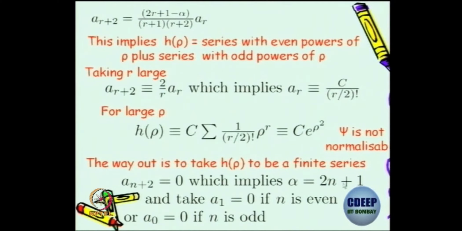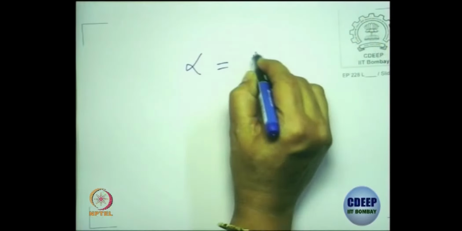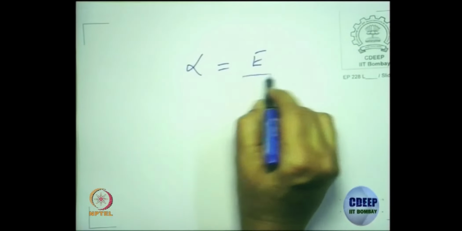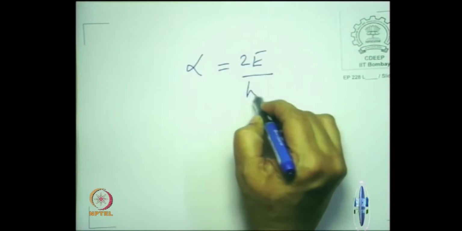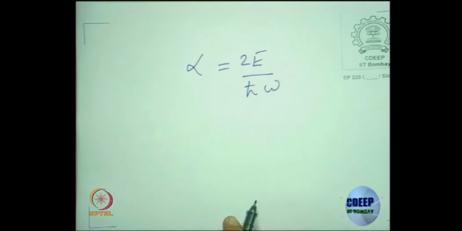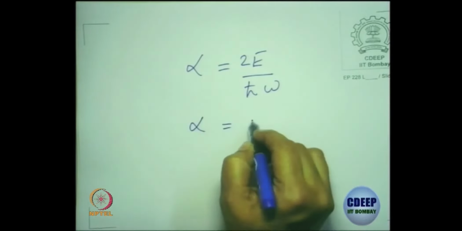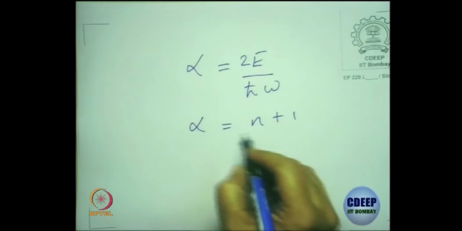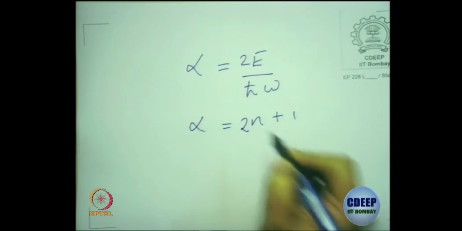Once I get alpha equal to 2n plus 1, can somebody tell me what will be the energy? So what is alpha? 2E by h cross omega, right? And alpha is 2n plus 1.